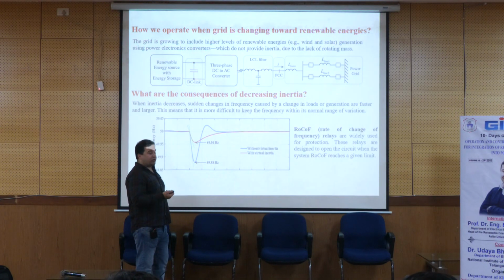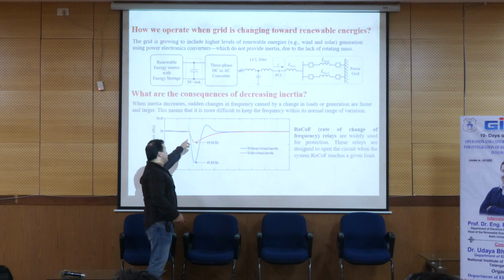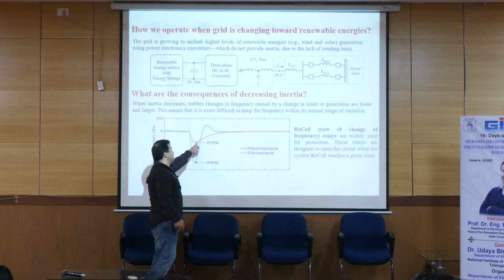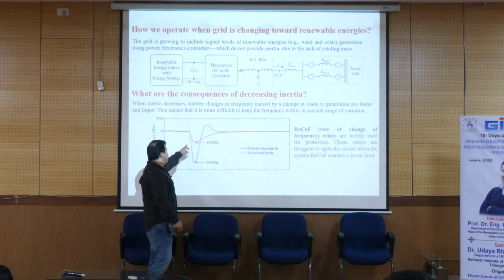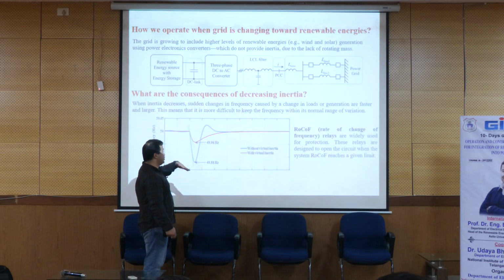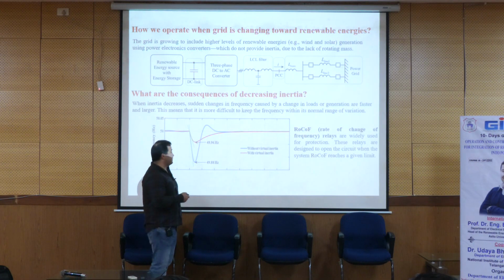When a fault or disturbance or overload happens, we see that the voltage drop and frequency drop are less. You see that the frequency goes from 50 to 49.96, but in this one we have bigger changes in the frequency. Why? Because the inertia is not enough for that one.